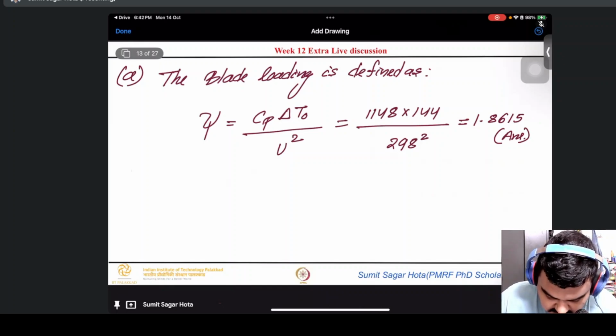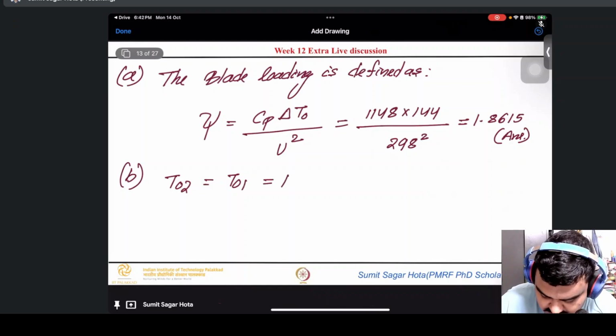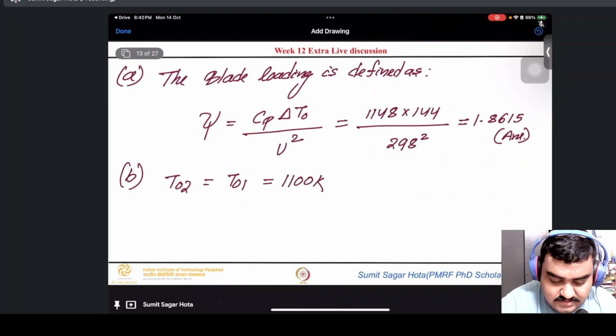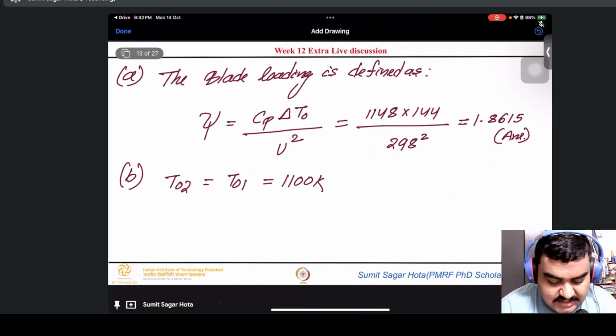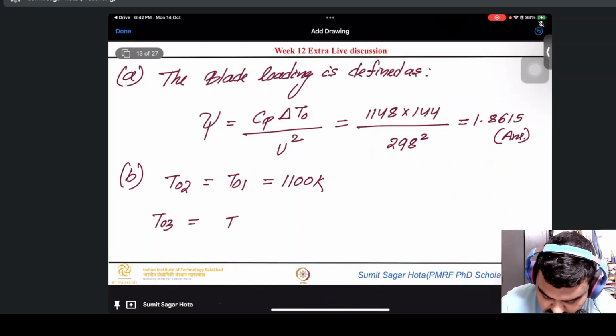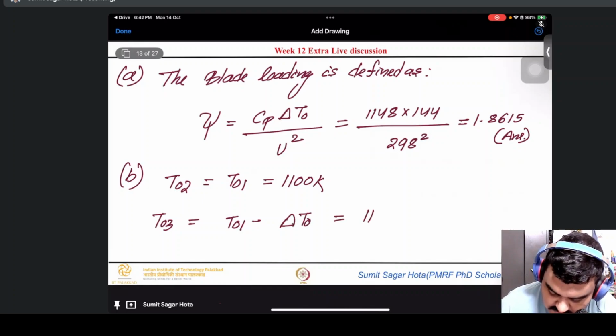First of all, I need to find out the temperatures, especially stagnation temperatures. T02 is equal to T01, which is 1100 Kelvin. Sorry, not stagnation, it's the inlet temperature. Next, T03 is equal to T01 minus delta T0, which is 1100 minus 144, 956 Kelvin.